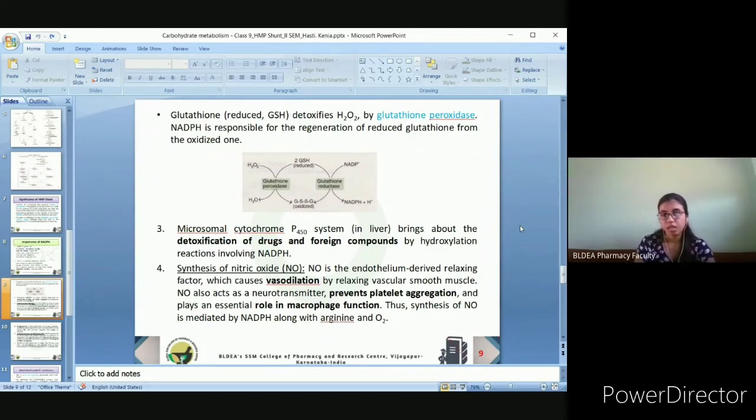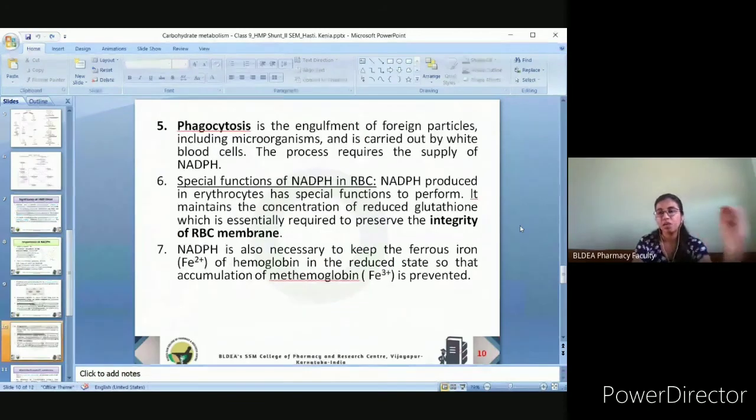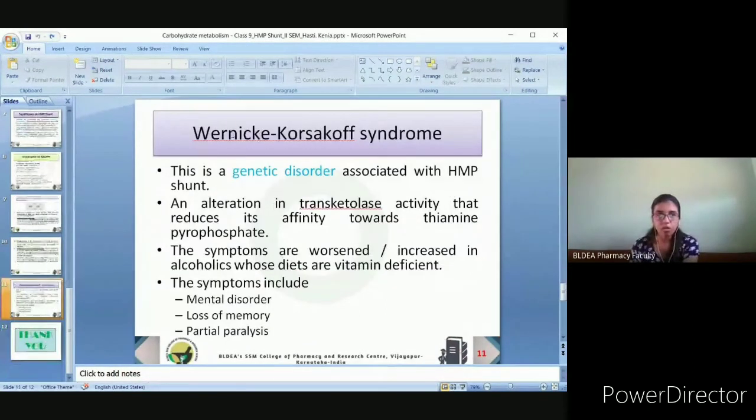Another role is that it acts as an energy donor, or energy supplier, for the phagocytosis process. It helps in maintaining the RBC membrane integrity by reducing ferric ions, that is methemoglobin, as well as by reducing glutathione concentrations.